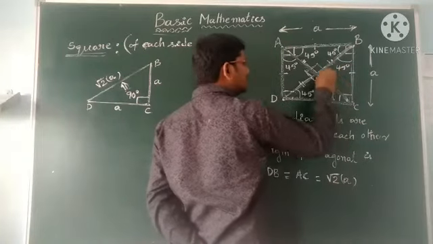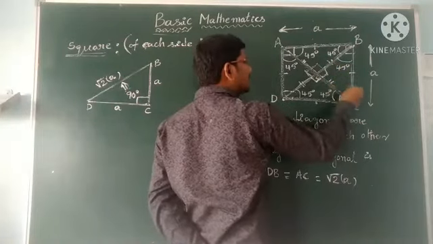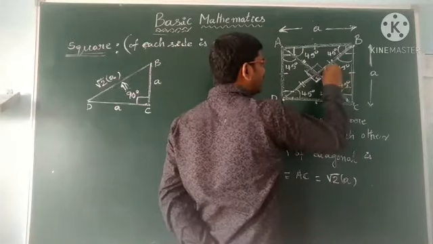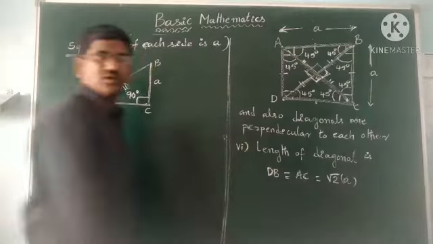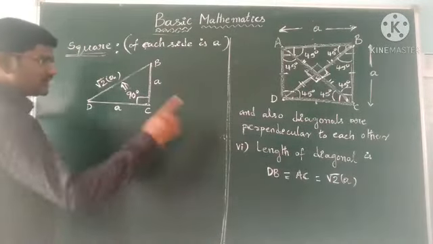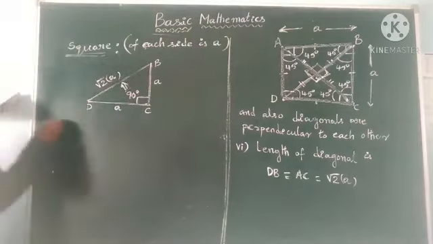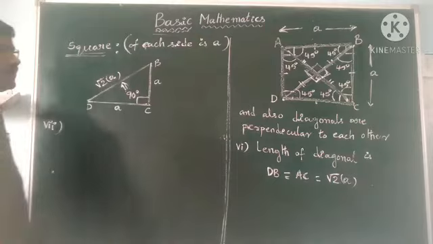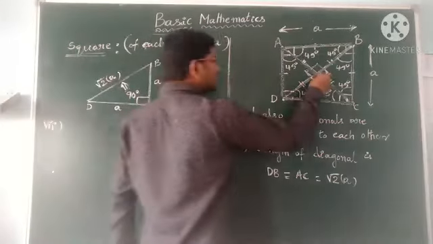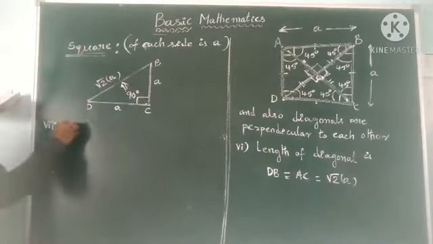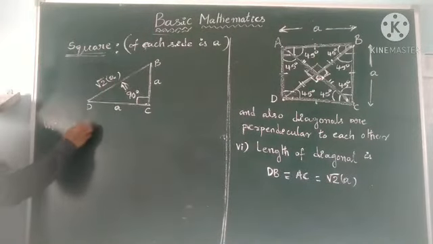Like this is 90, so these are 45 degrees. So 45, 45 and this is 90. Okay students, so length of the diagonal we have finished. Next, half of the length of the diagonal. If we call this intersecting point O, half of the length of the diagonal.